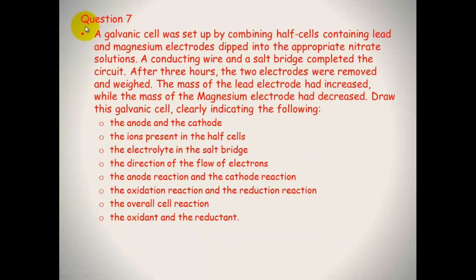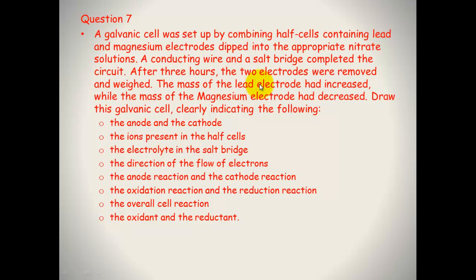Have a look at an example. This is question 7 in your notes. A galvanic cell was set up by combining half cells containing lead and magnesium electrodes dipped into the appropriate nitrate solutions. A conducting wire and a salt bridge completed the circuit. After 3 hours, the 2 electrodes were removed and weighed.